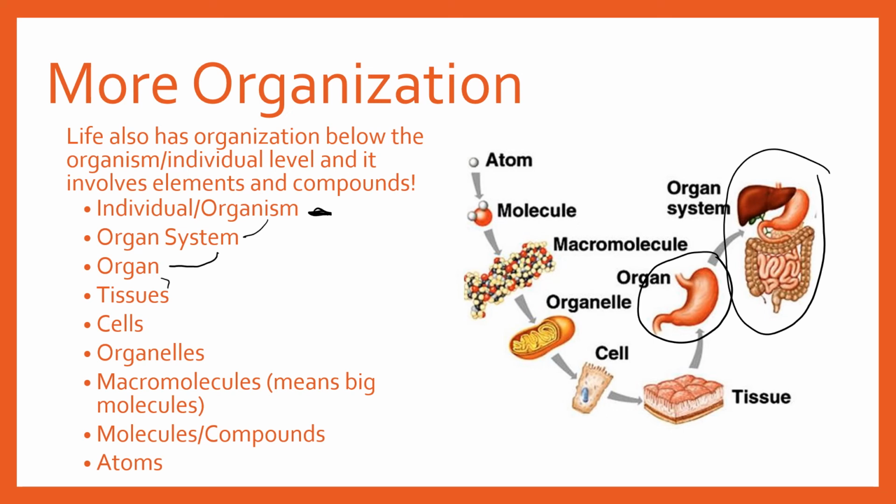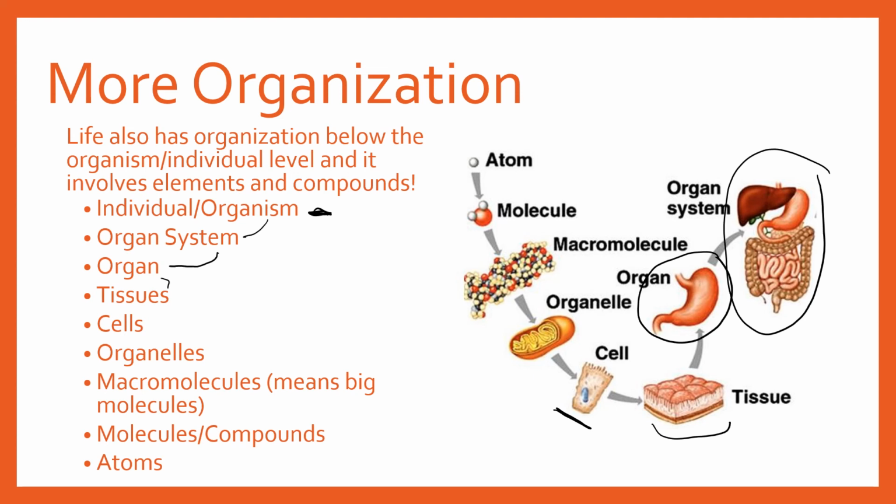But organs are made of tissues, or groups of certain types of cells. So tissues are made of cells. That's going to be our whole next unit. We're going to learn about cells, and for the next few units, we're actually going to talk about how they divide and reproduce themselves, how they get energy, how they move things in and out.